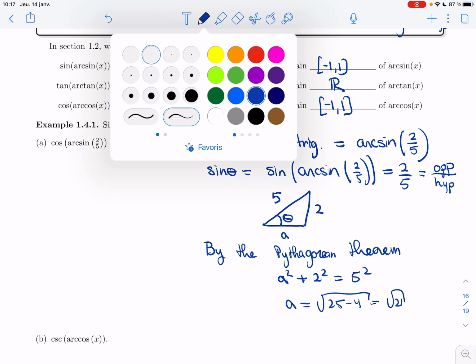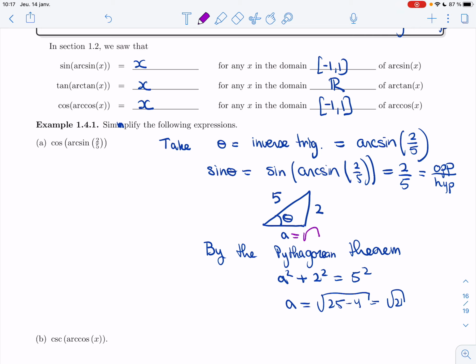All right, so let me add it right here. A is the square root of 21. All right, so we have cosine of arcsine of 2/5. That's cosine of theta, so this is cosine of theta. And now I have this triangle here that I can use to compute what cosine of theta is.